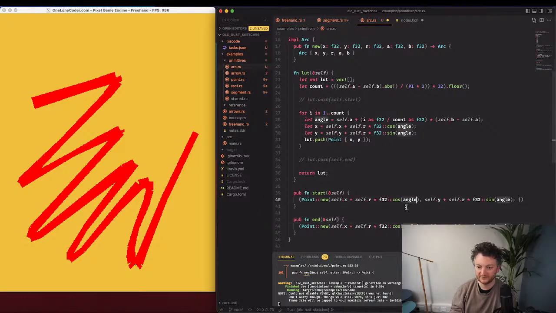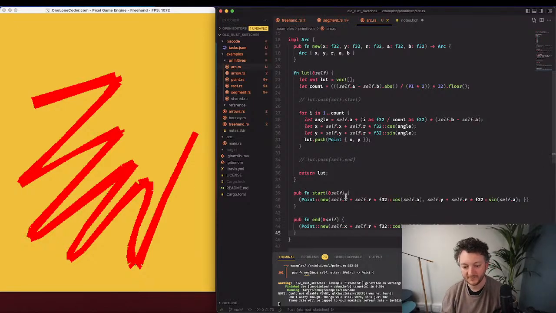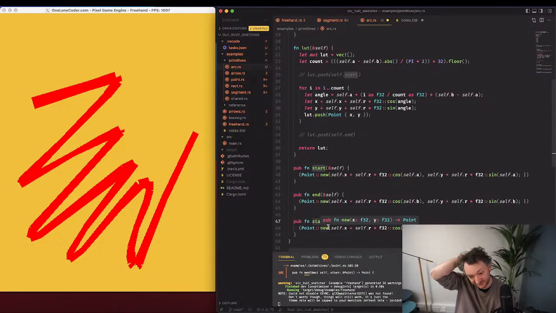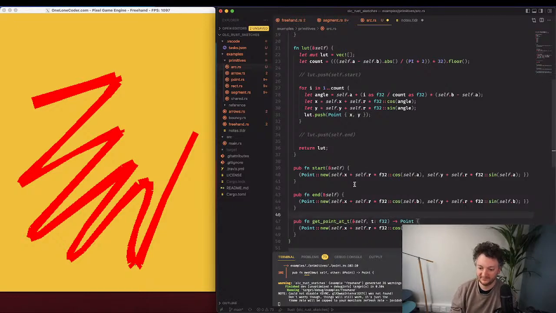This angle is going to be self.A. This is going to be self.B. Right. And then we want to be able to find a point at any t. So that is going to kind of be like this.